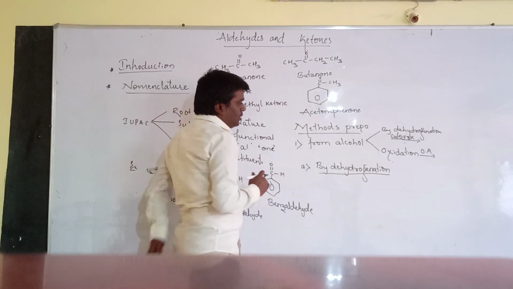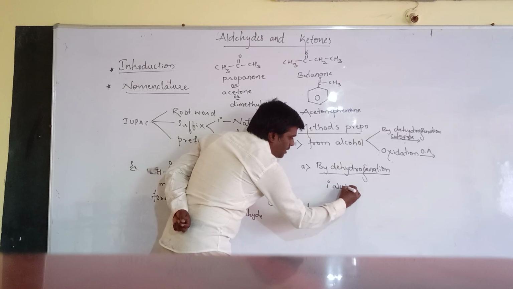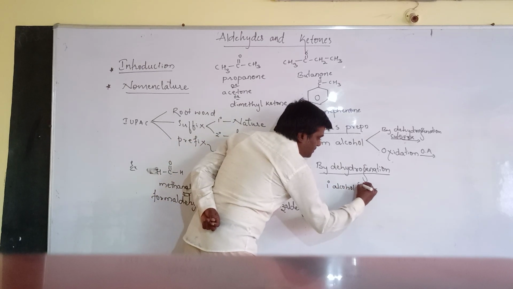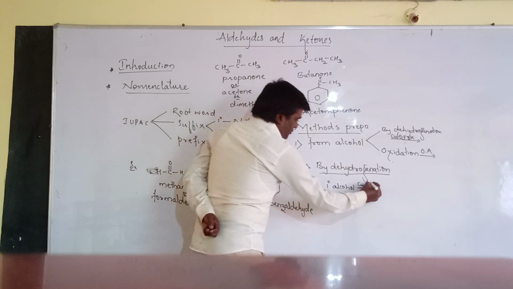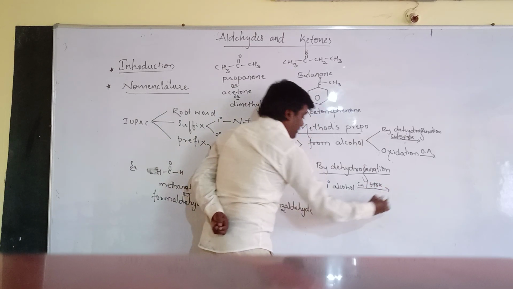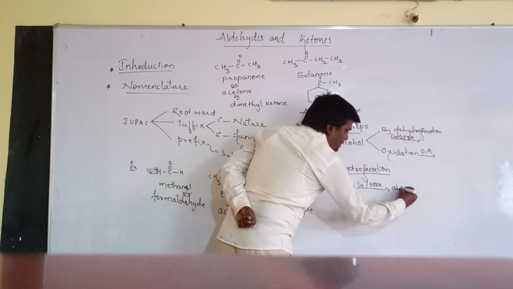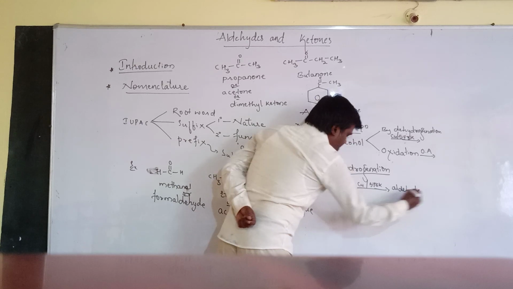Primary alcohols undergo dehydrogenation in the presence of copper at 573 Kelvin temperature. It will produce the compound aldehydes.